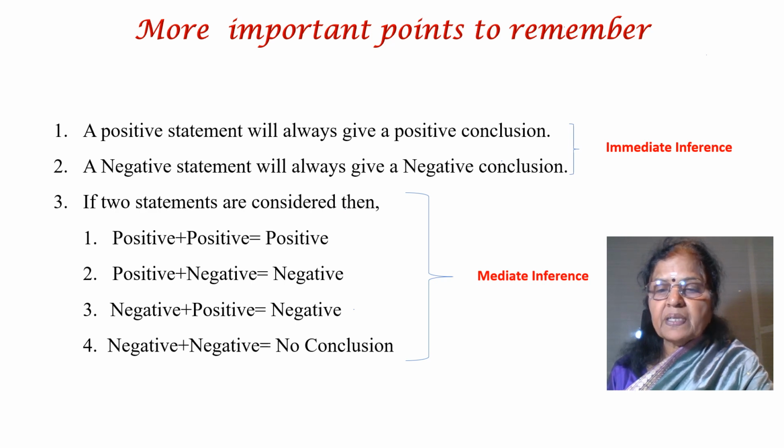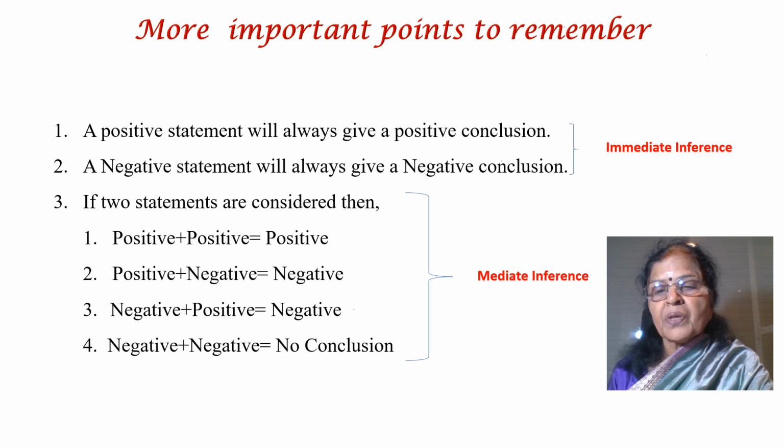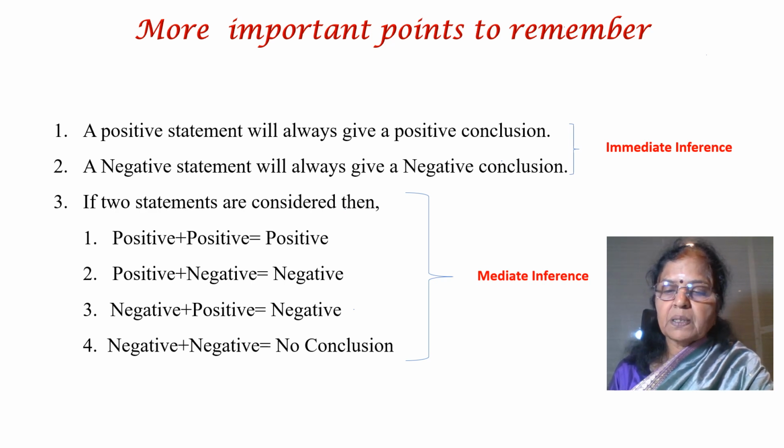In immediate inference, you are using only one statement, and you are testing that conclusion, whether it could be true based on the given proposition. So coming to a conclusion using only one statement is immediate inference. And in mediate inference, you come to the conclusion after considering two statements.